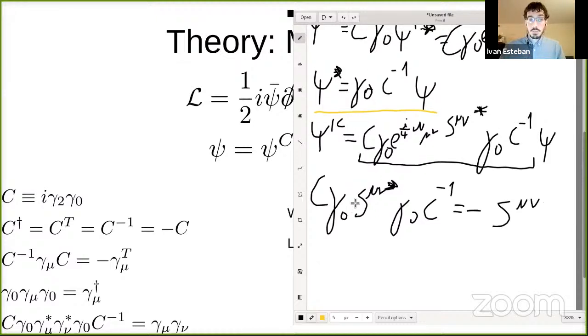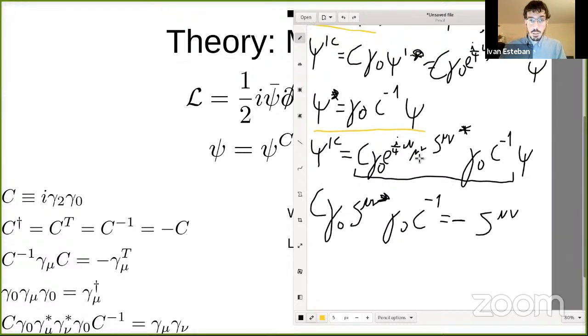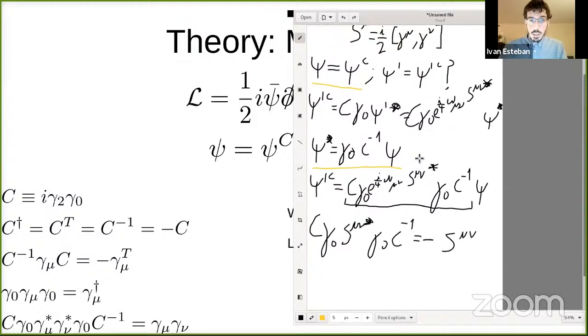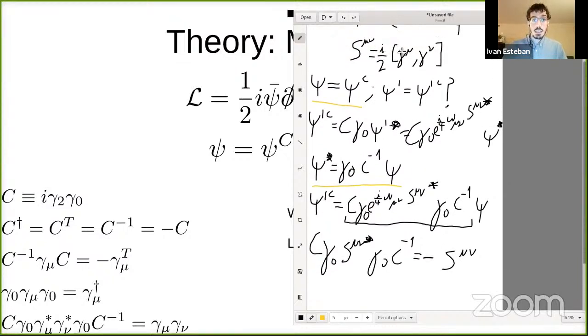Well, S mu nu, if you remember from up here, is nothing but i times the commutator of two gamma matrices, gamma mu gamma nu minus gamma nu gamma mu. When I take the complex conjugate, S mu nu will be i times gamma mu gamma nu minus the opposite.